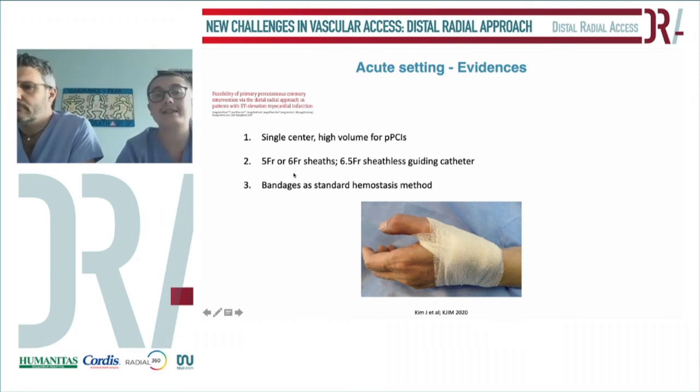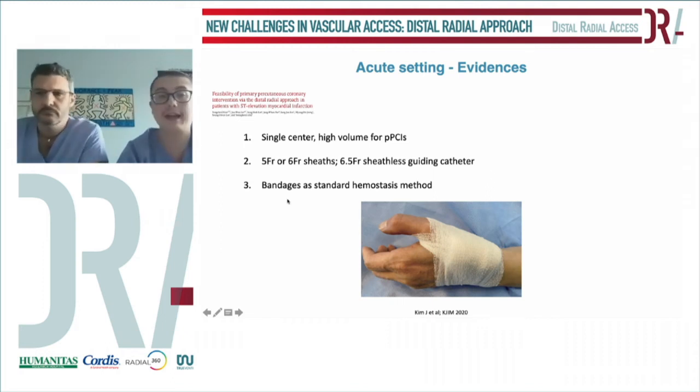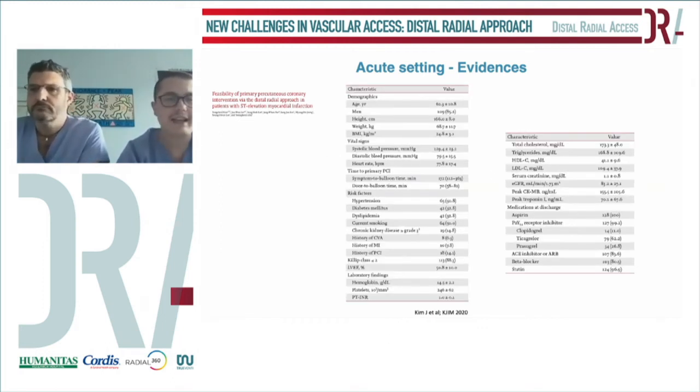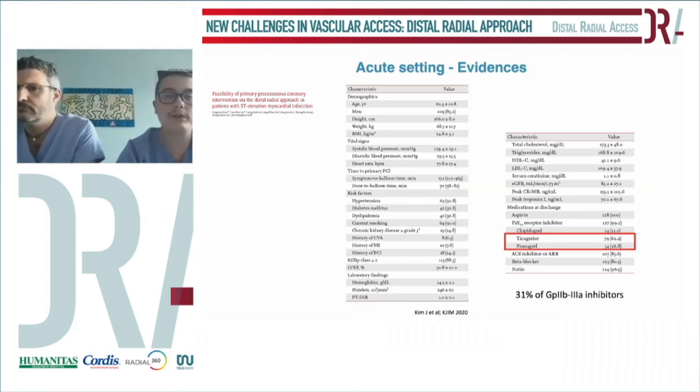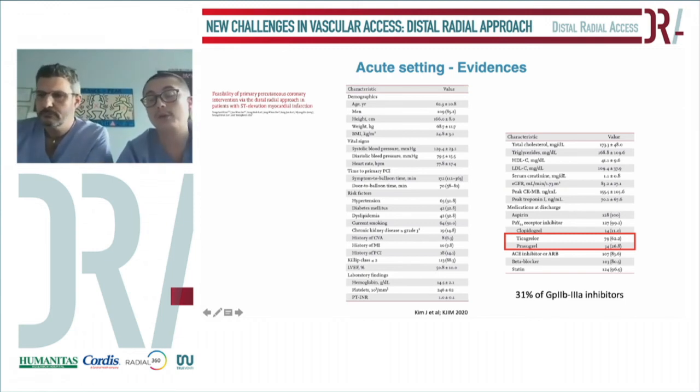And as standard strategy, they used bandages and not a dedicated device. Just a couple of things to underline. It is really a modern study with almost 100% of patients treated with ticagrelor or prasugrel, and even 31% of patients still treated with glycoprotein inhibition.